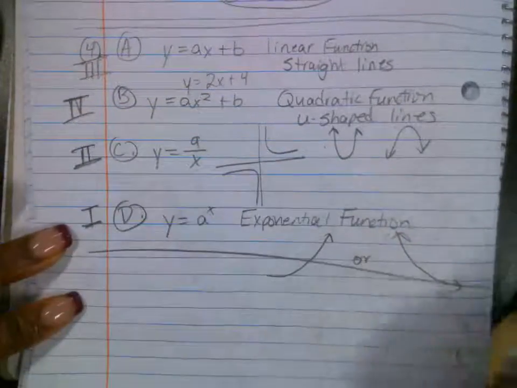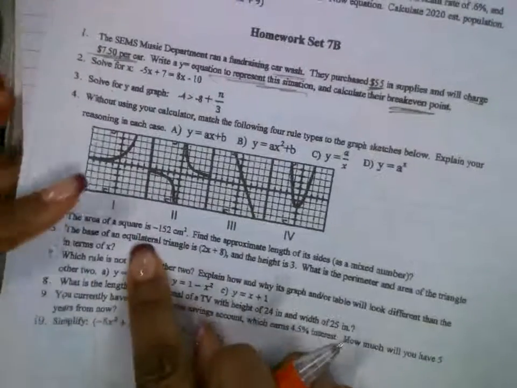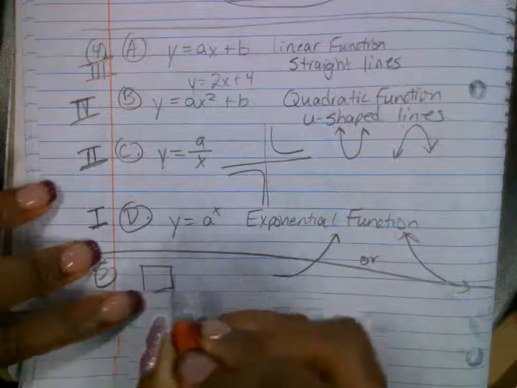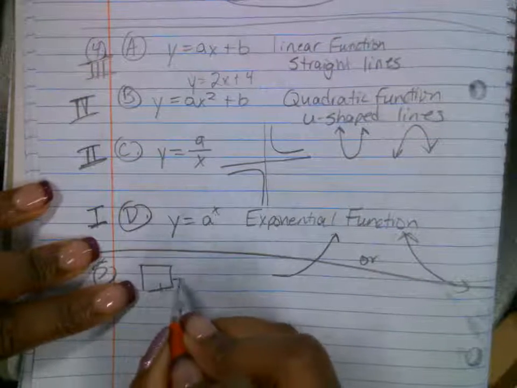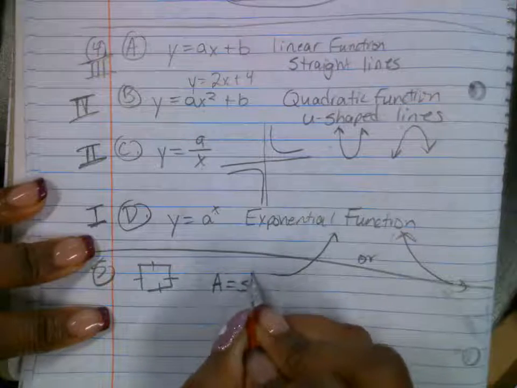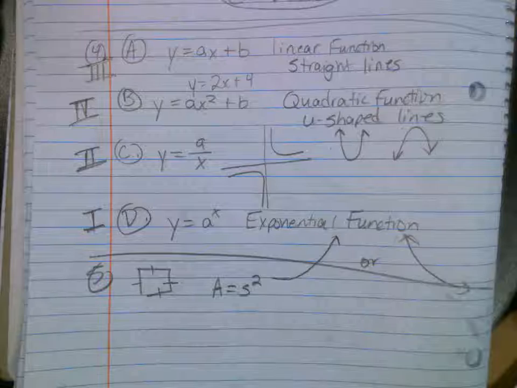All right, number 5. Number 5 says the area of a square. First of all, a square is where all the sides are equal to each other. The formula for area of a square is A equals S to the second power, because all the sides are exactly the same.